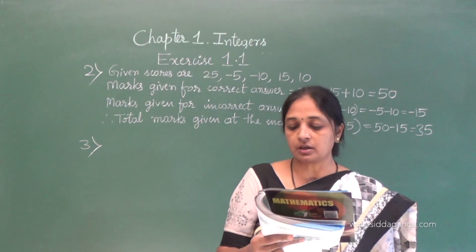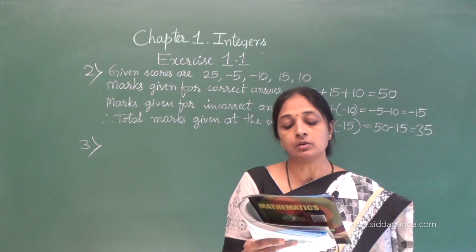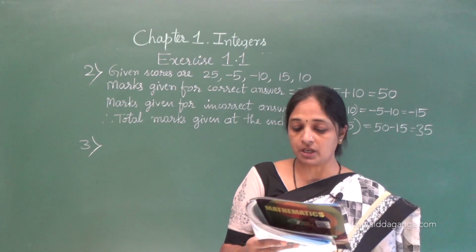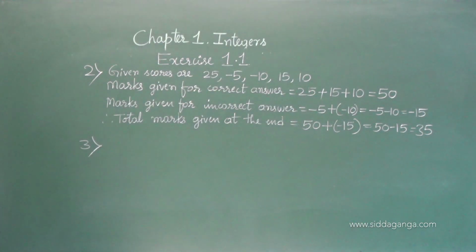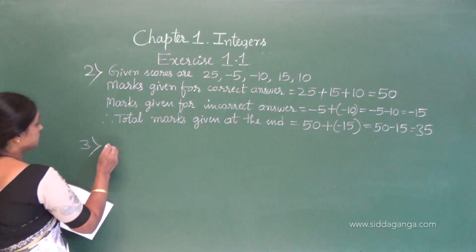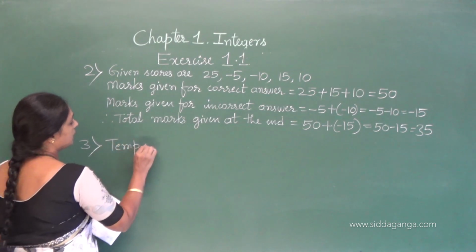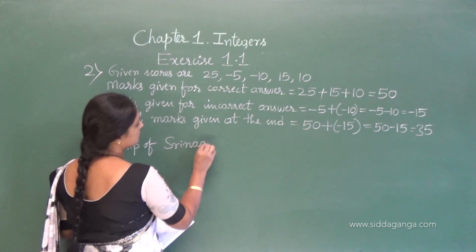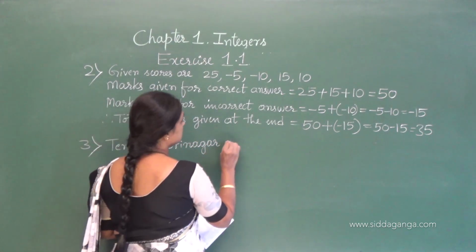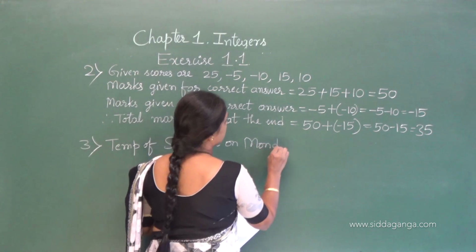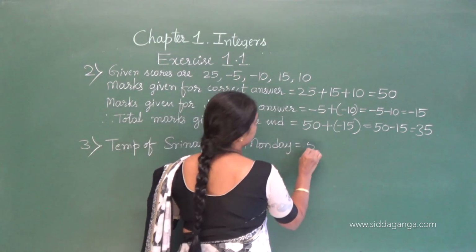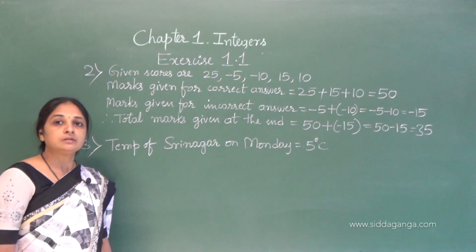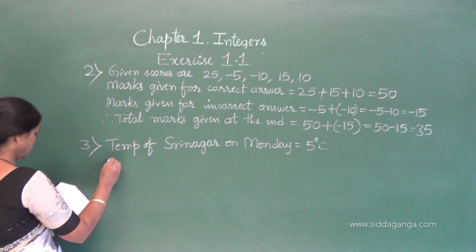And what was the temperature of Srinagar on Tuesday? First we have to find the temperature on Monday and Tuesday. Okay. So this is the answer for the third one. Temperature of Srinagar on Monday is equal to 5 degrees Celsius, and it dropped on Tuesday by 2 degrees Celsius.